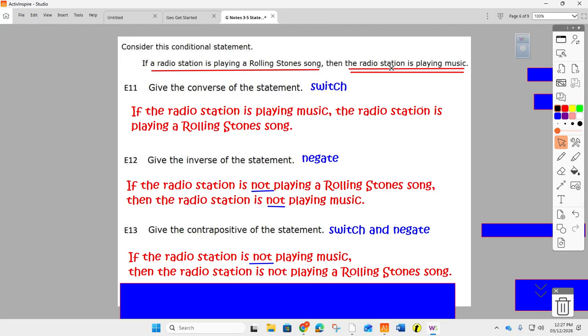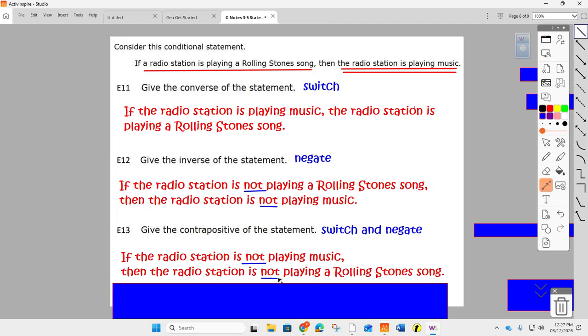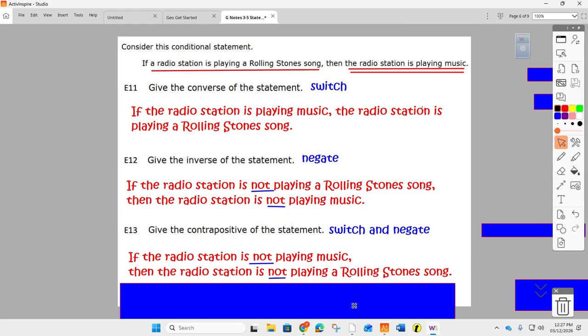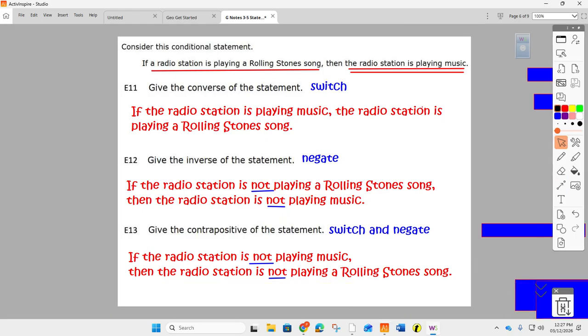So if the radio station is not playing music, then the radio station is not playing a Rolling Stones song. Yes, it went from hypothesis to conclusion to hypothesis. Any questions?